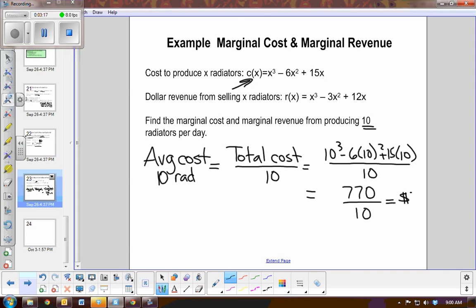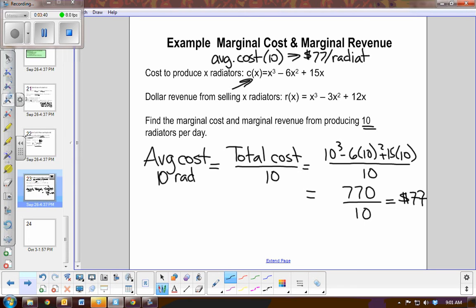So when we produce 10 radiators, on average, each radiator costs $77. So that's a good number to keep in mind as I look at marginal cost and revenue. So average cost when making 10 is $77 per radiator.